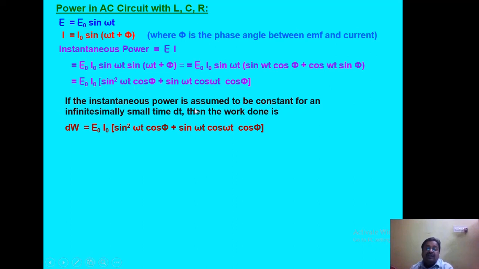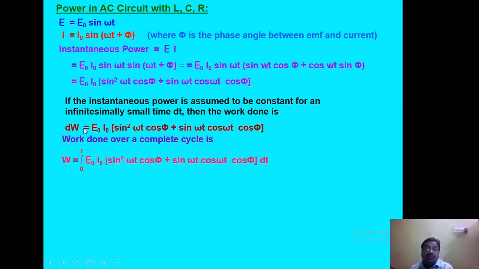If the instantaneous power is constant for any small interval of time dt, then what will be the work done? Instantaneous power is the rate at which work is done, so dW by dt will be this much.